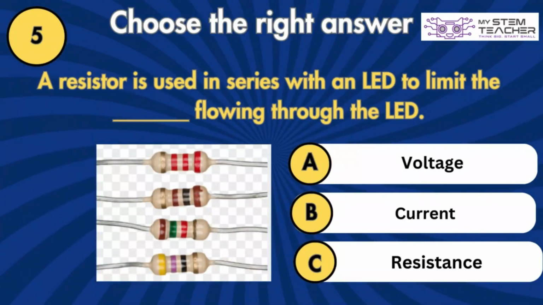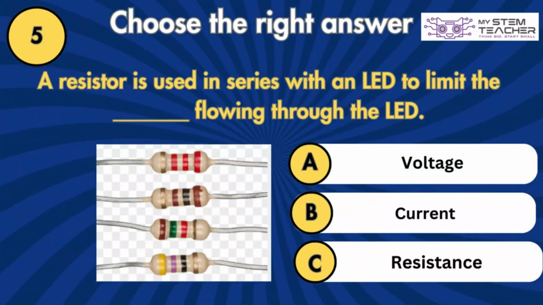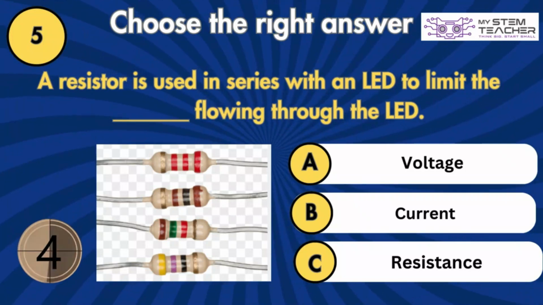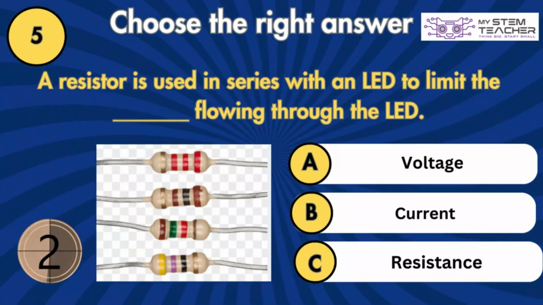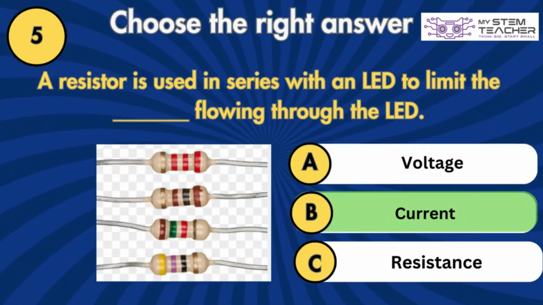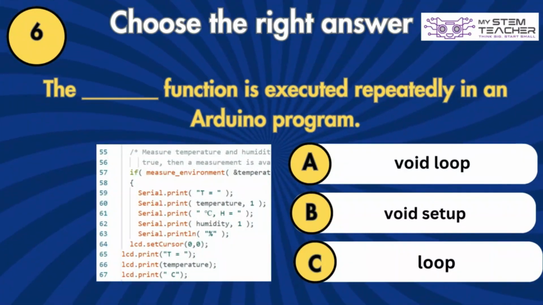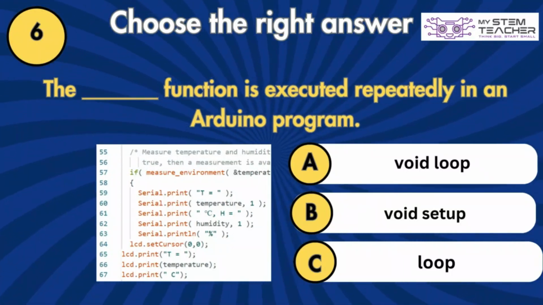A resistor is used in series with an LED to limit the blank flowing through the LED. The blank function is executed repeatedly in an Arduino program.